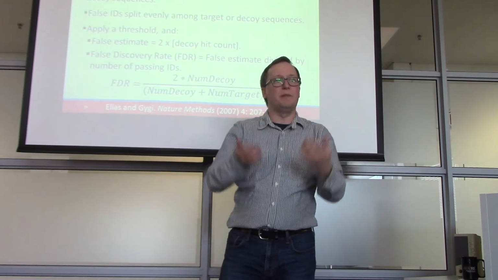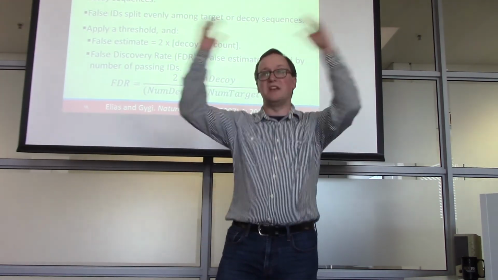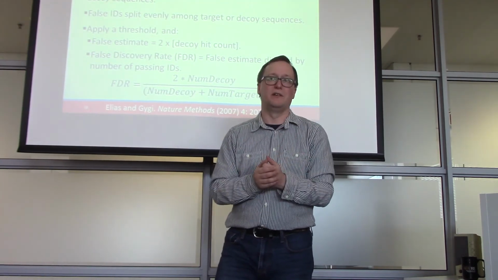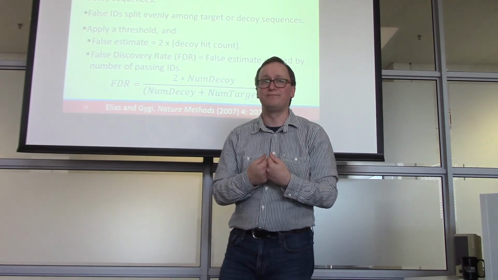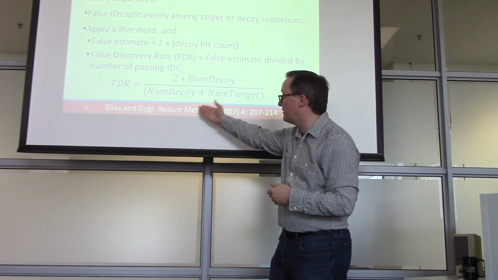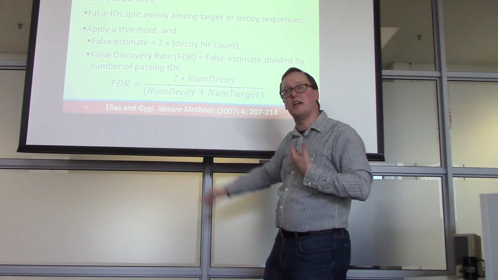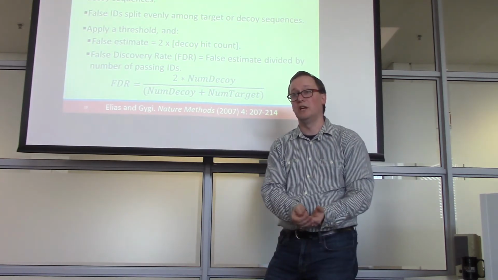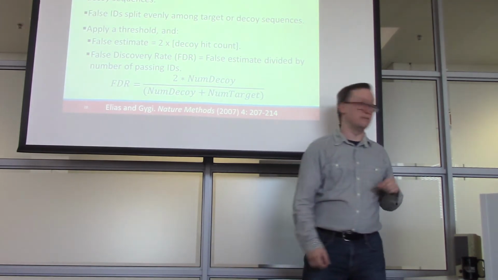So if I keep that number under, say, 5%, I probably have a set of IDs with about 95% accuracy, of which 95% of them are actually true. So this target-decoy method is quite simple, and yet it has the limitation that it can only give you a collective assessment of the IDs. It doesn't tell you whether any individual ID is right or not.